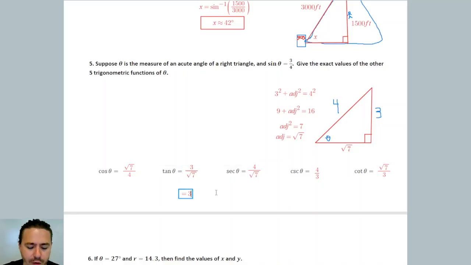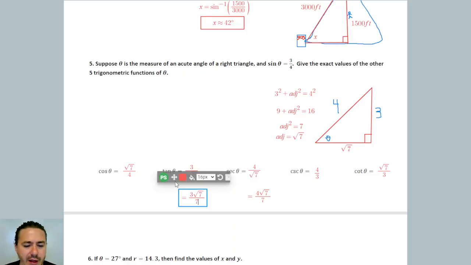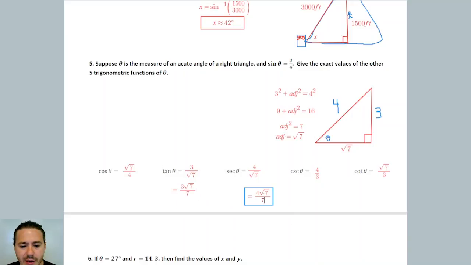So that would be 3 root 7 over 7 for that one. And then this one would be equal to 4 root 7 over 7. Either answer is fine by me, but just know that it might not both be fine by a future teacher or Schoology. You want to be comfortable doing that rationalization. So there you go. There's number 5.